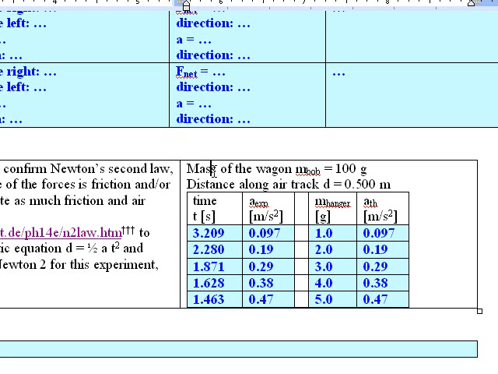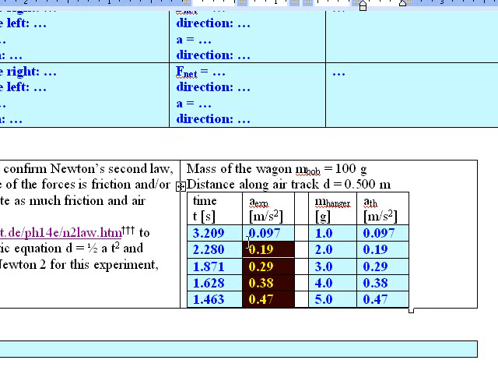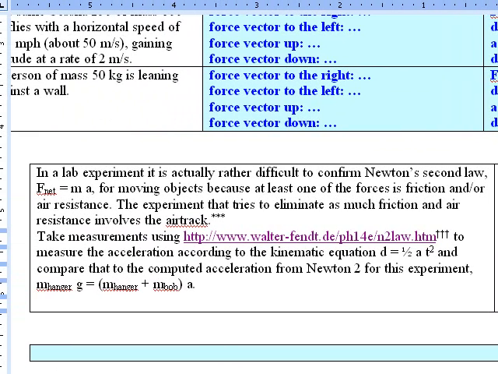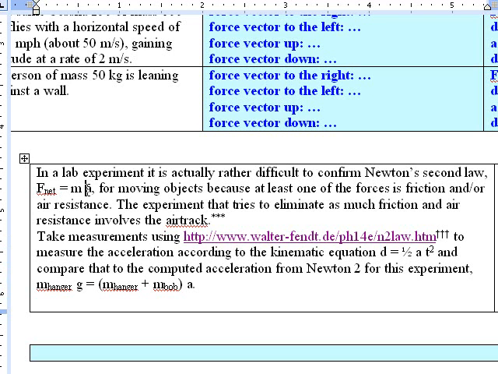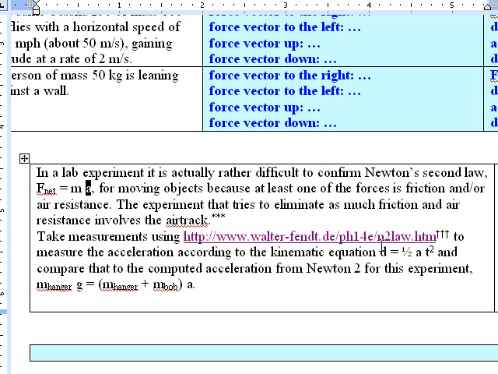So what that means now is that the theoretical acceleration matching the experimental acceleration, that this equation here, the net force equals mass times acceleration, predicts the correct acceleration because that was measured over here with the other equation, and so that means that Newton's second law is correct, at least for this experiment.